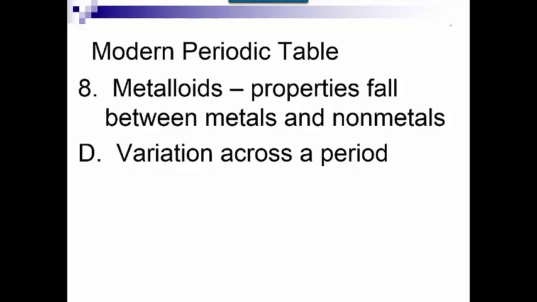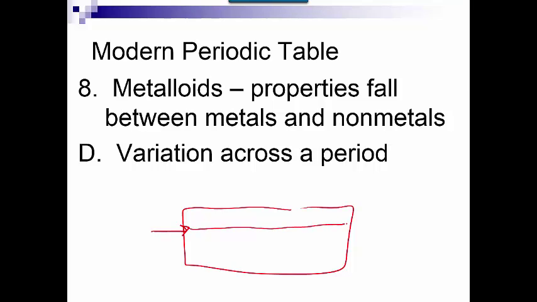Alright, so there is definite variation across a period. Remember, a period are the ones that go left to right. So if you're looking at a periodic table, this is the one that starts here, and you look at a whole entire row, all the elements that are in there. Now you're going to start with metals over on this side, and as you work your way across, you're eventually going to hit maybe a few metalloids.